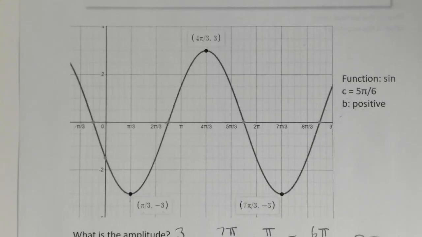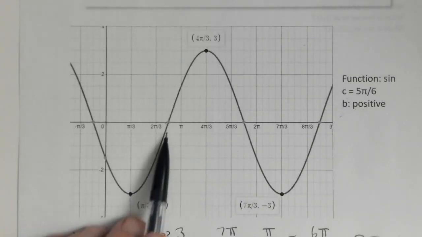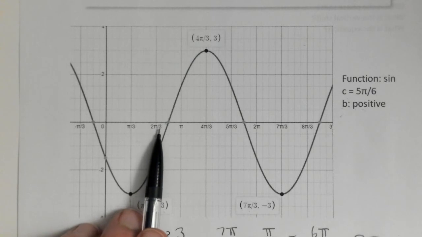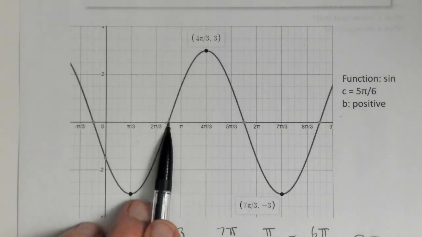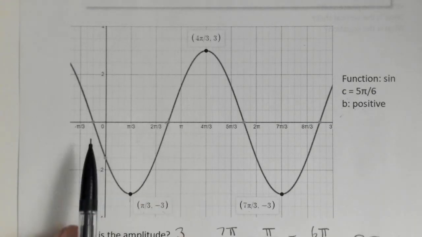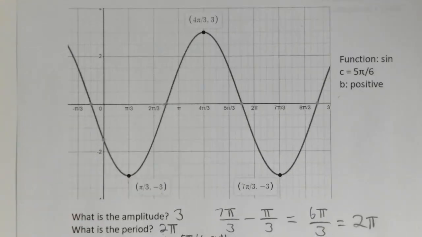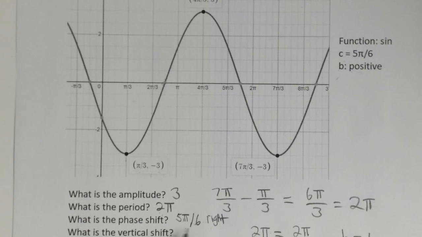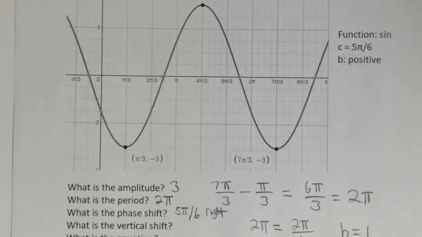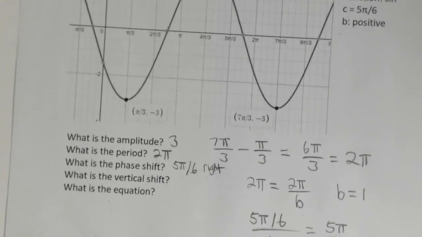So there's 5 pi over 6 and 6 pi over 6, which is pi. According to the graph, it is shifted the amount that we calculated for phase shift. So that's just one thing that you can double check to make sure that you're on the right track. Okay, so we're good there.